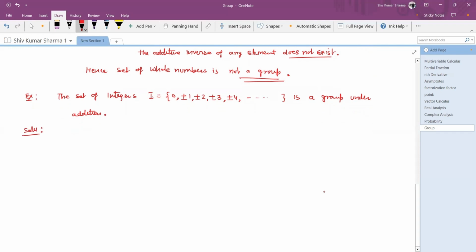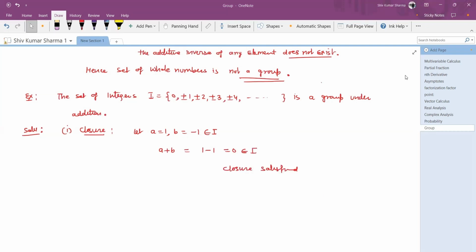We can write this down, first the closure property. Let A equal to 1 and B equal to -1. We can take any two elements from I, so these two elements belong to the set of integers. Now A plus B means 1 minus 1 is equal to 0.